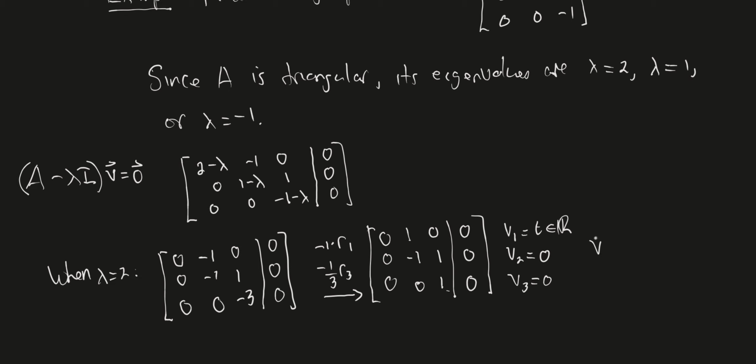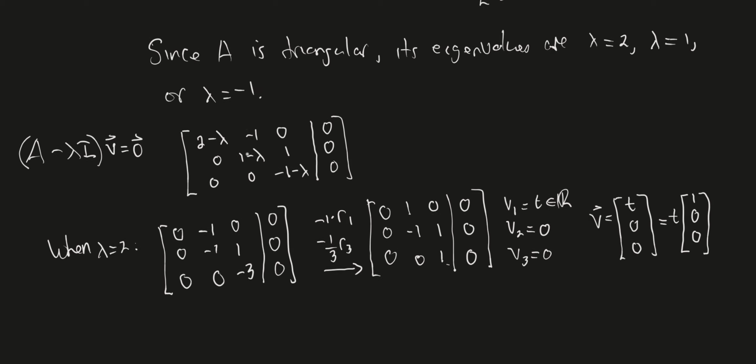So what does the eigenvector look like here? They're vectors of this form. Any number in the first component, but then the second and third components have to be equal to 0. If we do that little trick of factoring out the t, then we're left with this as kind of our standard eigenvector that's associated with lambda equals 2, right?